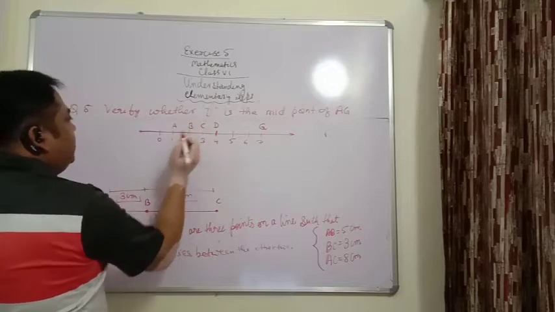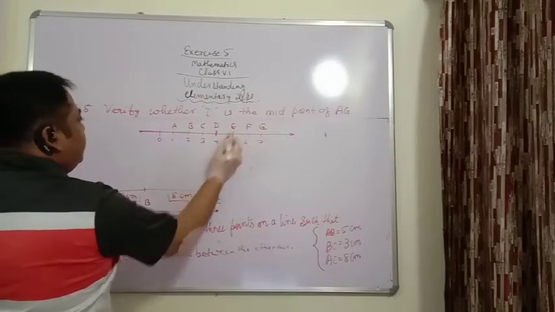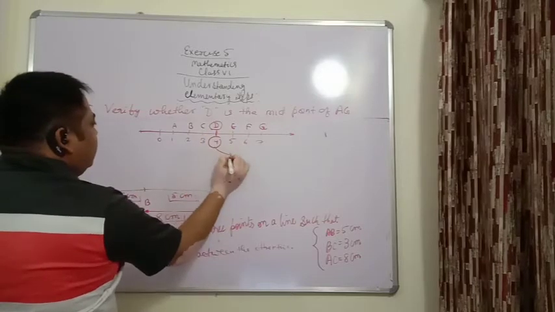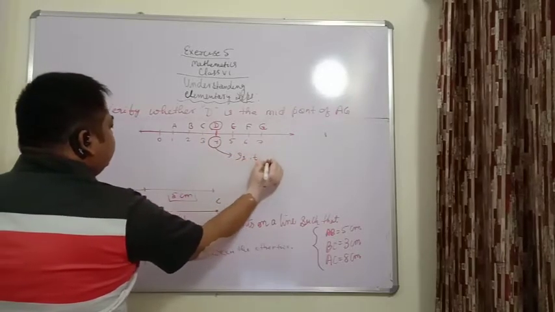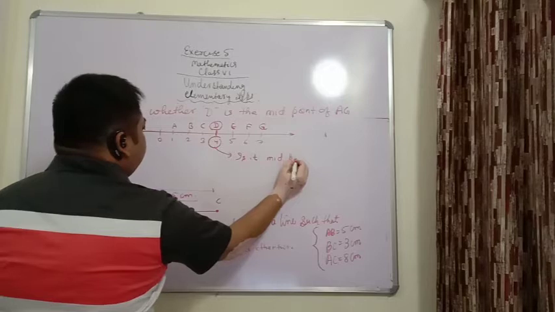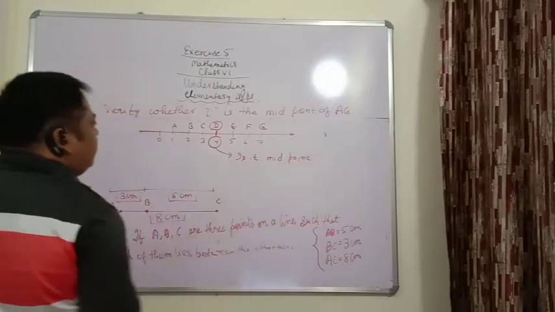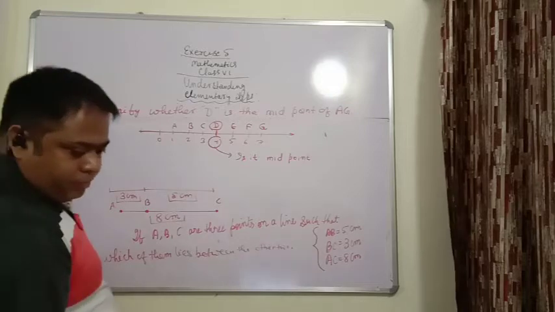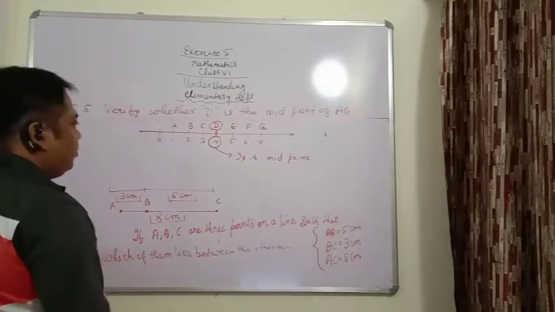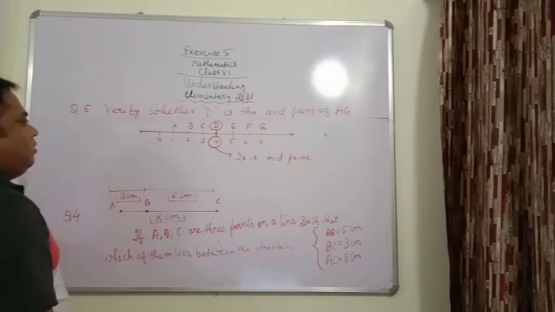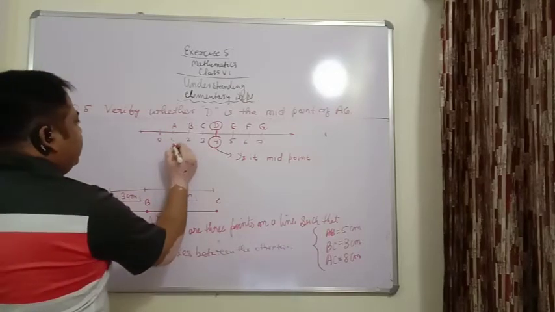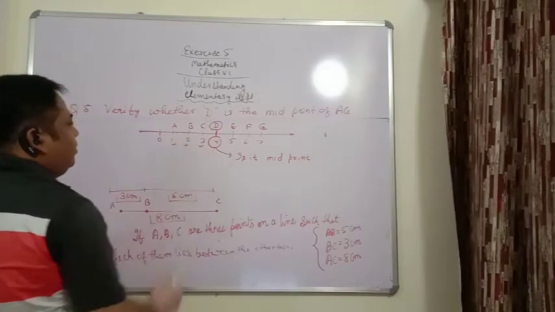B, C, D, E and F. So they are asking if this D is it midpoint? So let us see if it is midpoint or not. This side, 0 if you will skip, so 3 numbers are there, 1, 2 and 3.